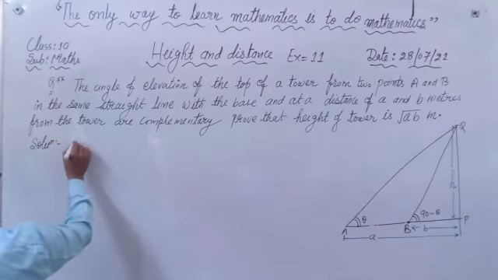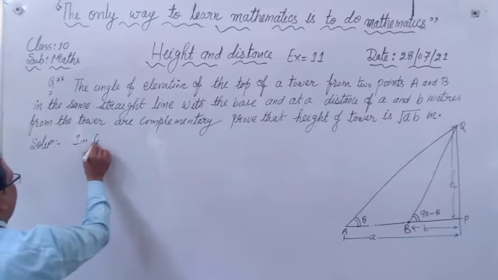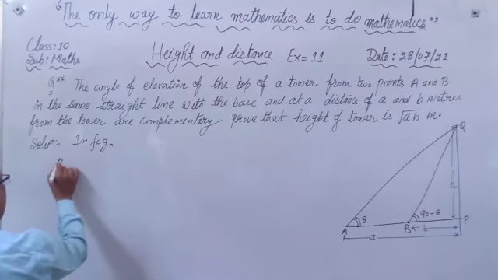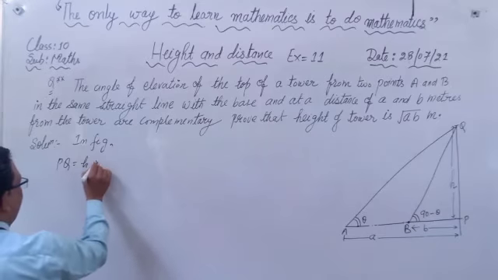So in the figure, PQ is equal to h meter is a tower.